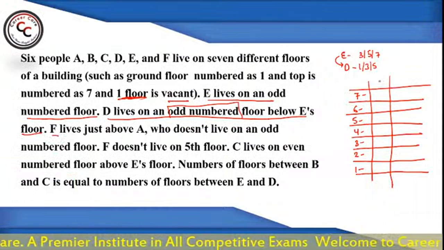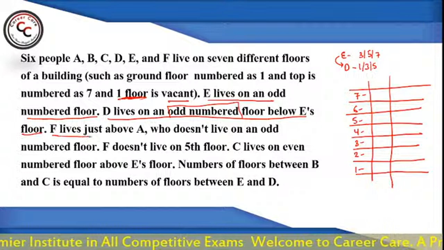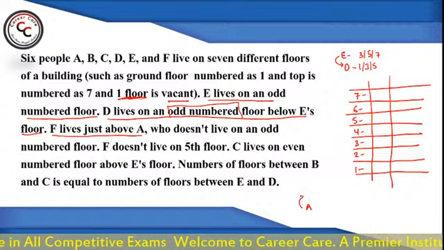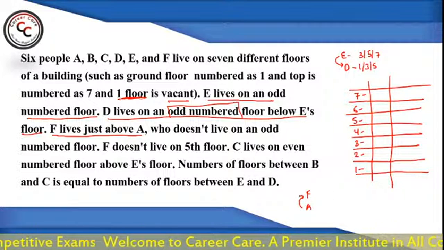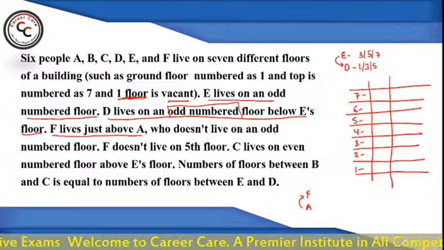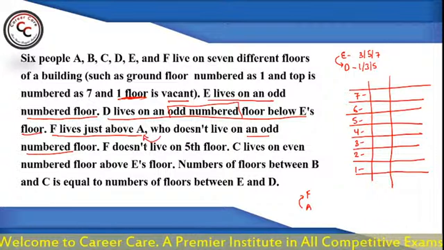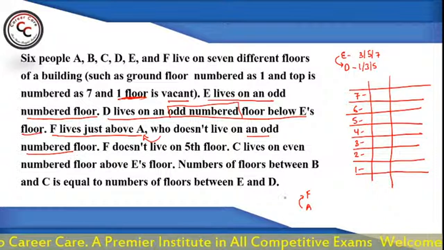In this point I am getting many possibilities, so you can skip it. F lives just above A. So just above A, who is living? F is living. That means both are living on consecutive floors. Who doesn't live on an odd numbered floor? So here who refers to A. So A does not live on an odd floor. That means A lives on an even floor.